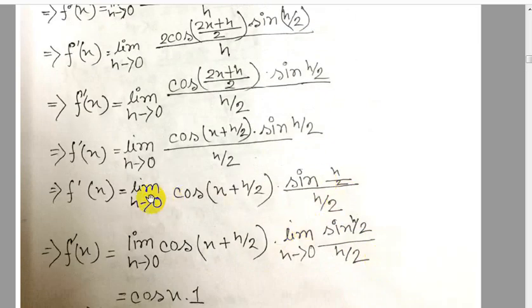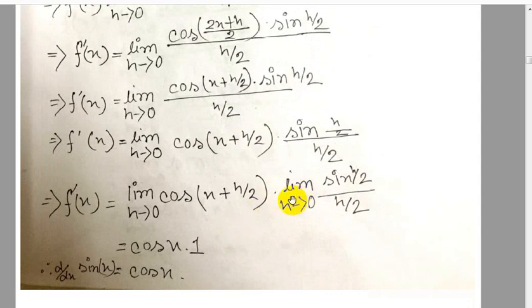Here we can separate the limit for both the terms, and we have limit h tends to 0 of cos of (x plus h by 2) into limit h tends to 0 of sine of h by 2 divided by h by 2. You can compare this term with our note, limit x tends to 0 of sine x divided by x, considering h by 2 as x, which equals 1.